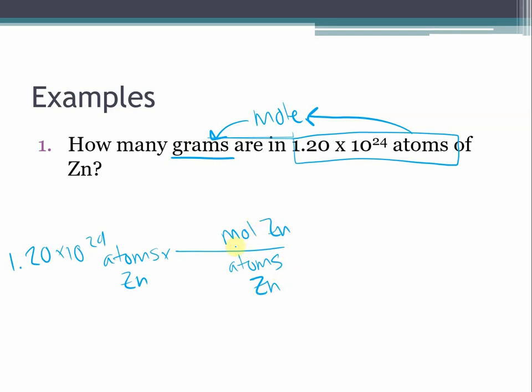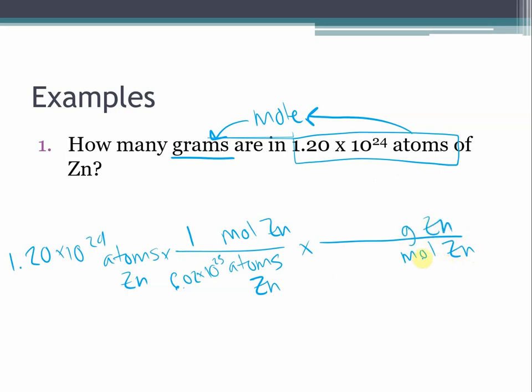Between atoms and moles, it will always be 1 mole and 6.02 times 10 to the 23rd atoms. Not quite done. We are looking for grams. We only have moles, so we'll do times another fraction. Once again, what goes up must come down. We'll bring our moles of zinc to the bottom. Now we can go to grams.